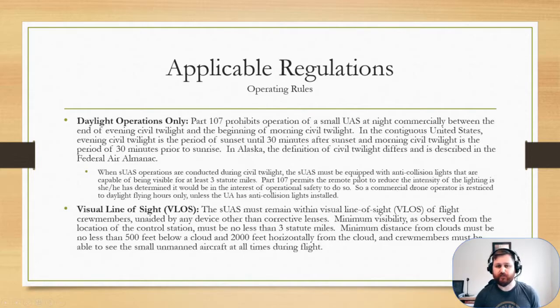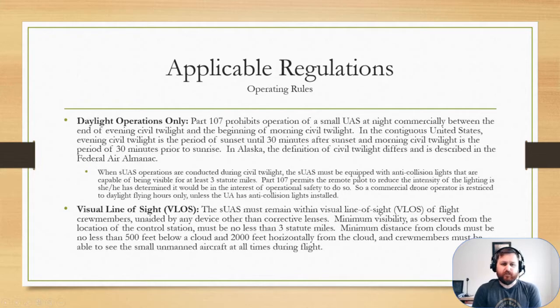Evening civil twilight is the period from sunset until 30 minutes after sunset, and morning is the period of 30 minutes prior to sunrise. In Alaska it's a little bit different, because they constantly have either a lot more daylight or a lot less, so you have to look at the Air Almanac to make that determination.